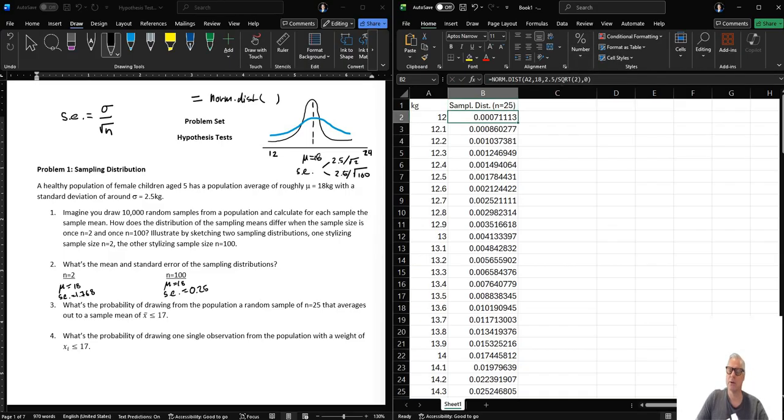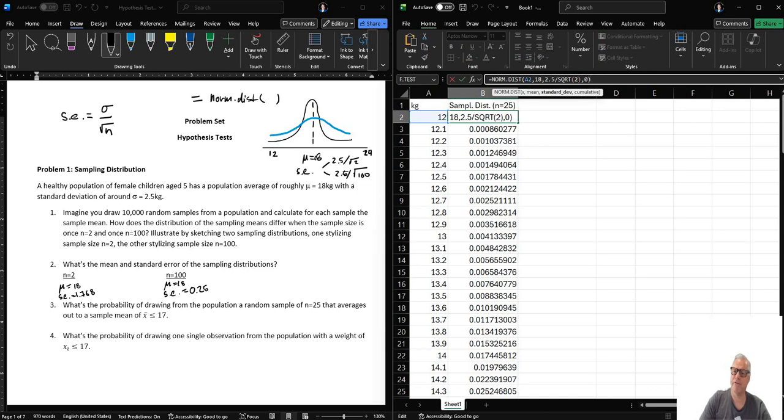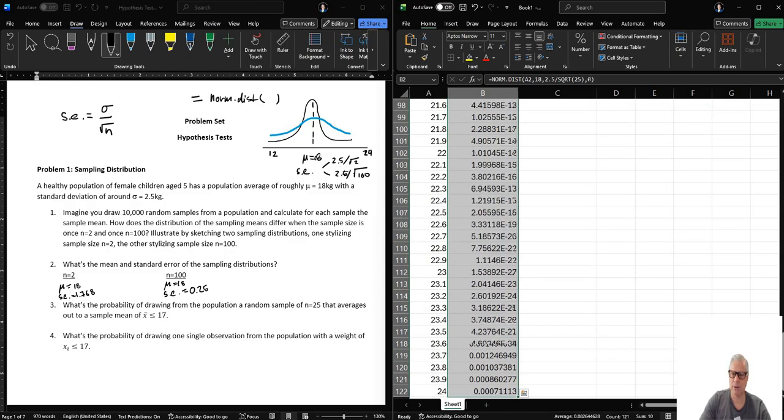So now the norm.dist function simply changes to norm.dist, open parentheses, A2, 18 the mean, and now 2.5 divided by the square root of 25. And we can copy that down.